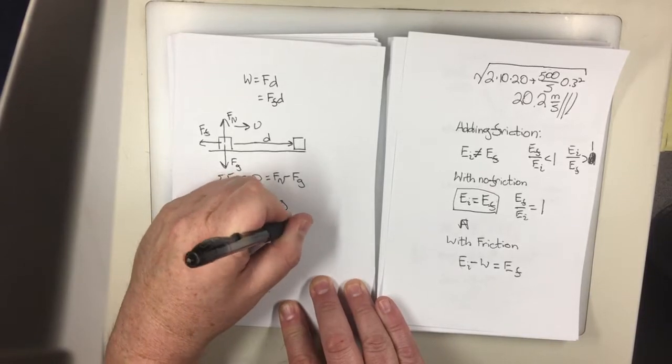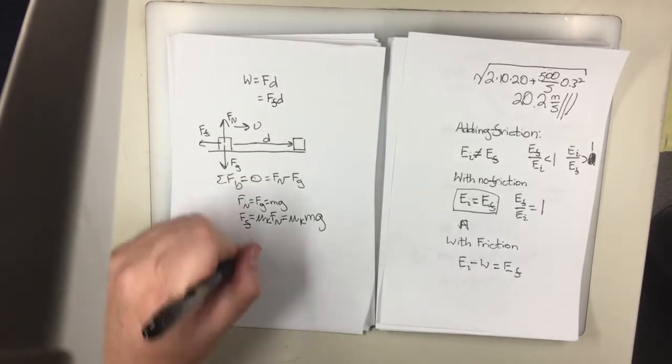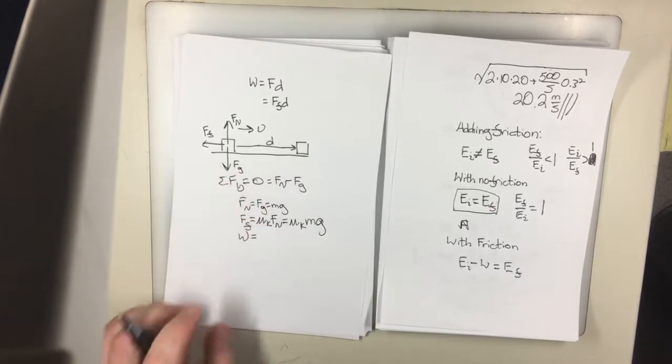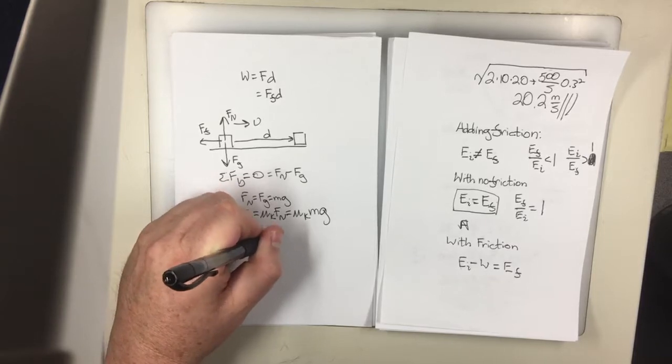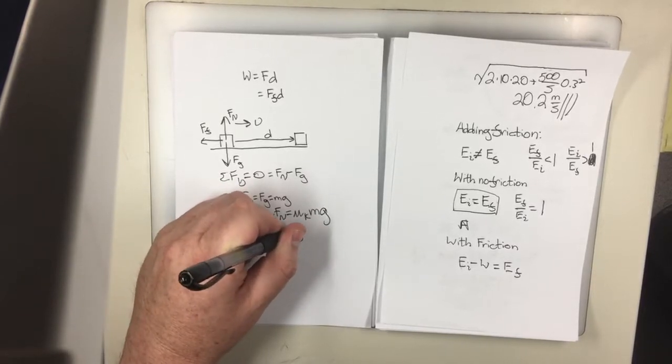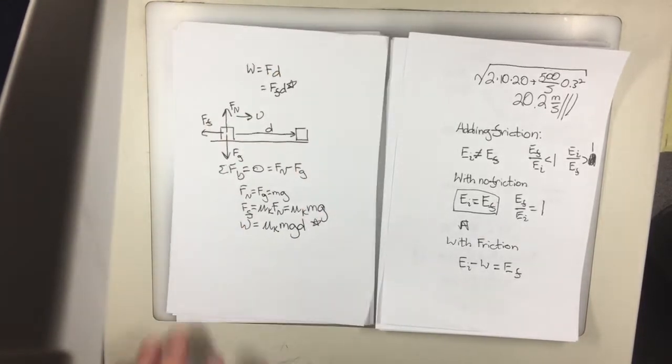So this is mu sub k mg. Which means that the work removed through friction is mu sub k mgd. Because the work is equal to the friction force times the distance.